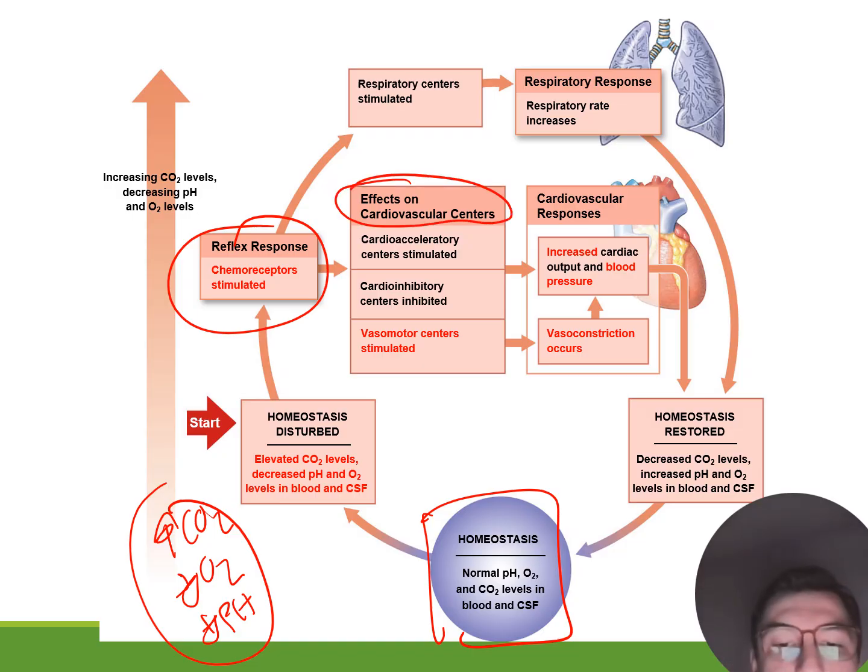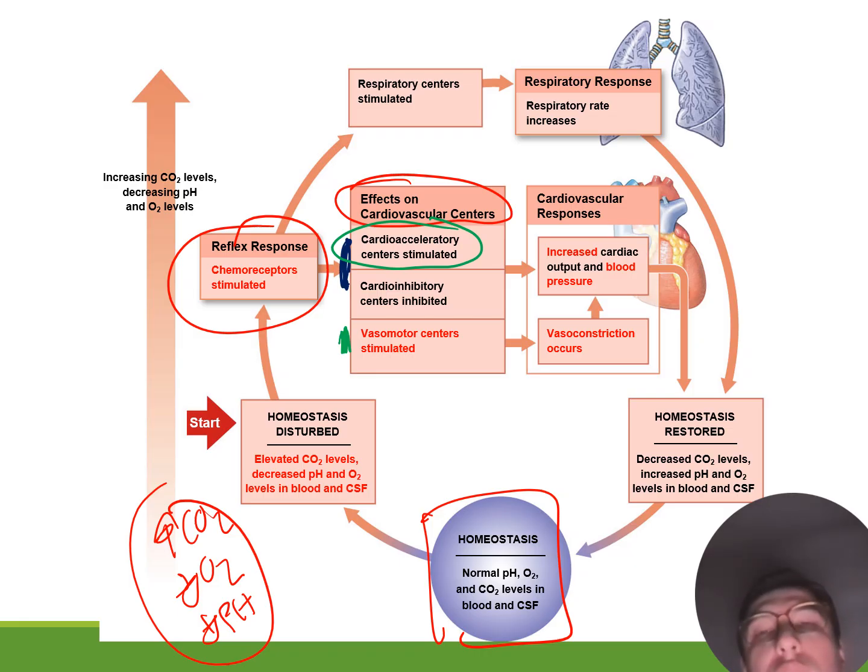The cardiovascular center is going to have two portions, the cardiac and the vasomotor center. The one that ends up being activated in this section is going to be the cardioacceleratory instead of the cardioinhibitory, because we need to increase cardiac output to increase blood flow as we're trying to mobilize blood flow and increase oxygen levels.